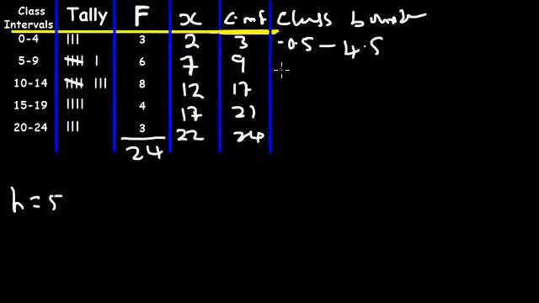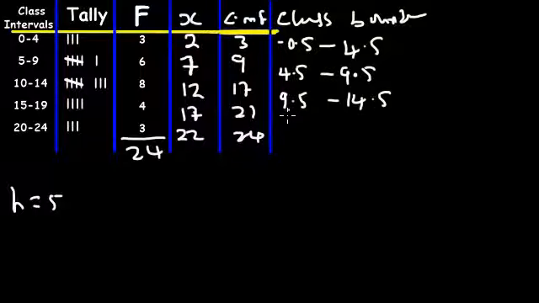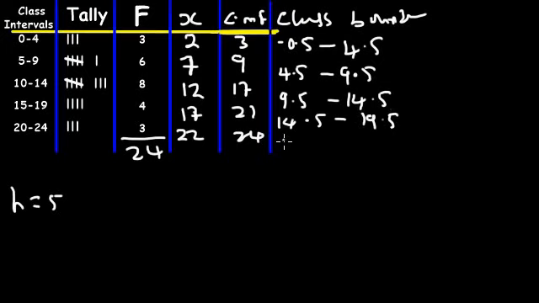And this continues, 4.5 all the way to 9.5, 9.5 all the way to 14.5, 14.5 all the way to 19.5, and finally 19.5 all the way to 24.5. And we have everything we need to proceed on finding the quartiles.